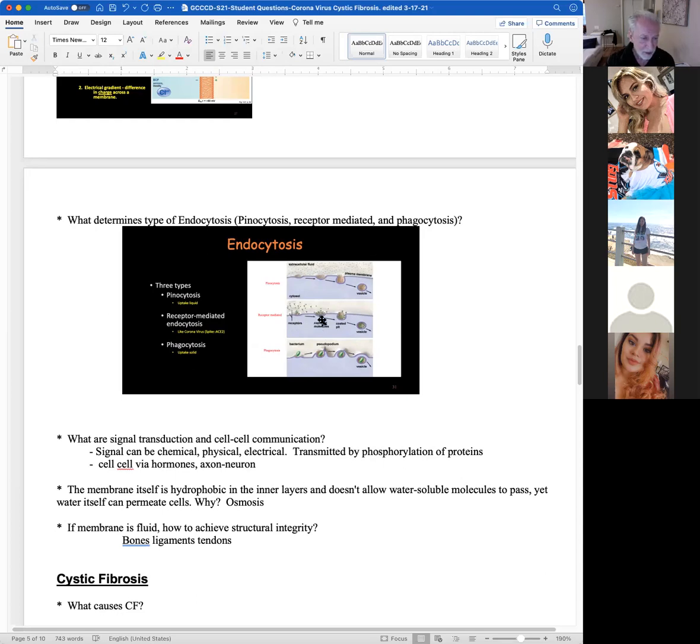If there's an ACE2 receptor on the plasma membrane that the spike protein can bind to, that binding is a signal for the membrane to invaginate and keep going and finally pinch off and form a vesicle. And now the virus is inside the cell. So that's receptor mediated. That's an example of it. I'll talk more about that later.